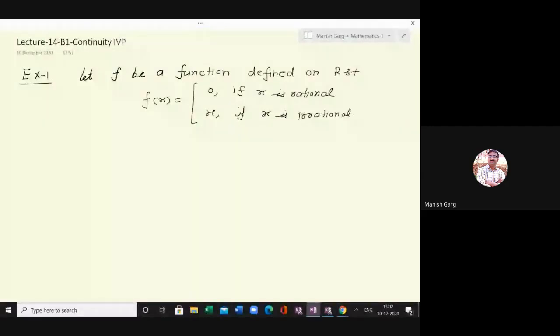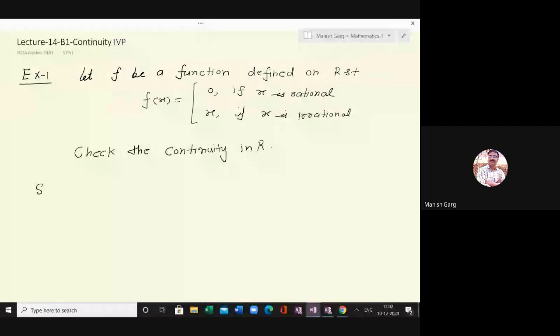The question is: check the continuity in R, at all points of R.